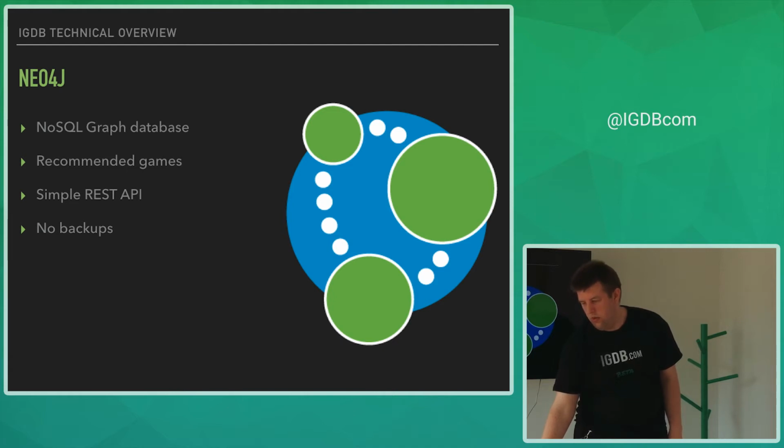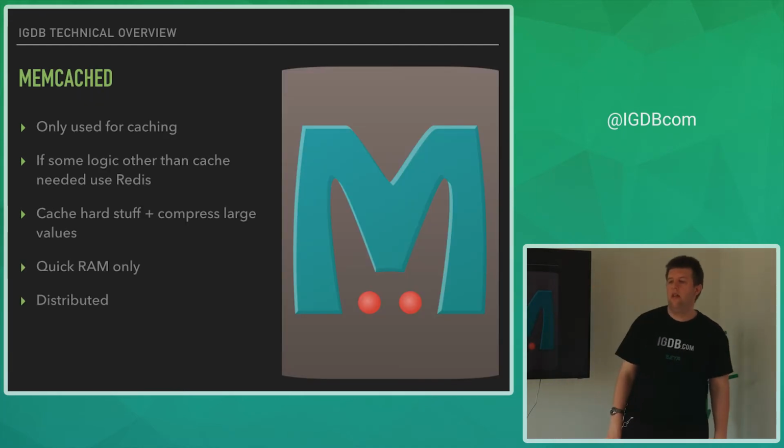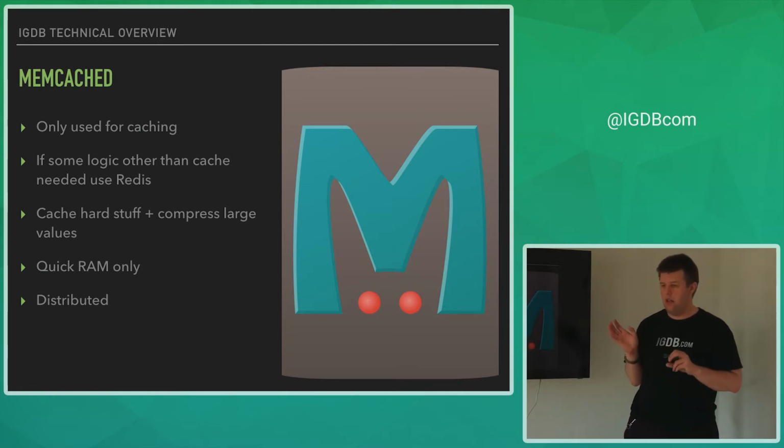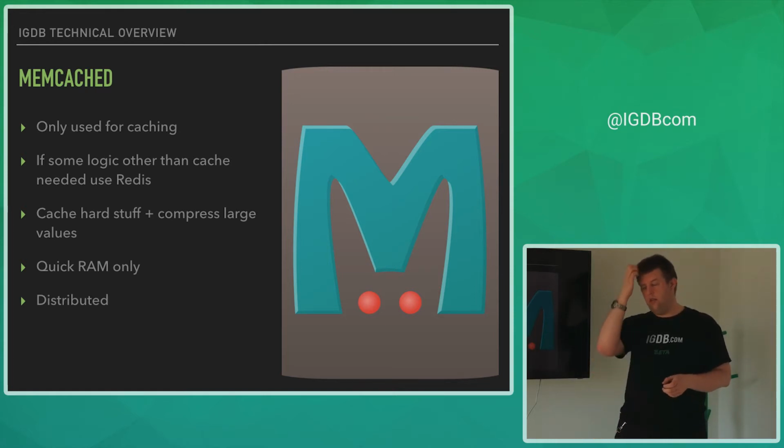So yeah, on to Memcached. Memcached is only used for caching, and if some logic other than caching is needed, then use Redis for that. And cache hard.